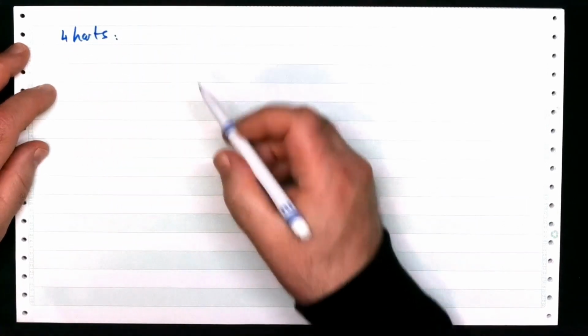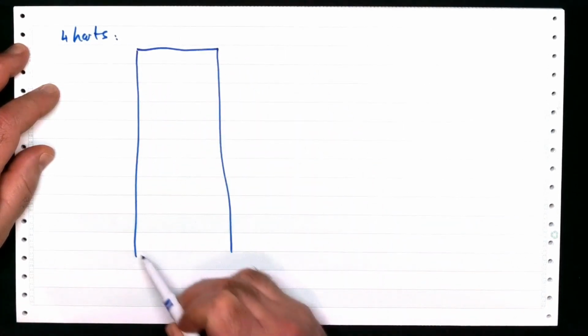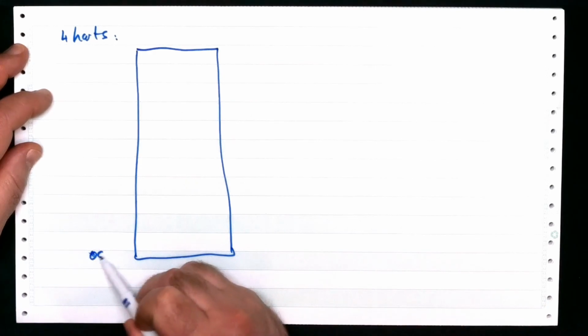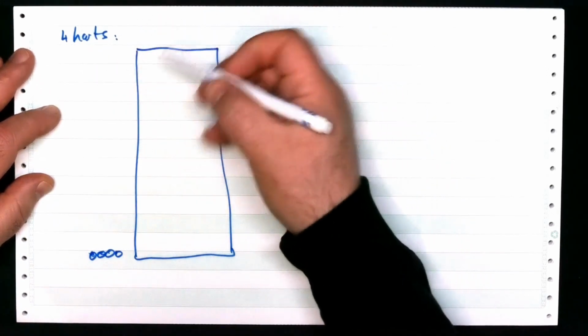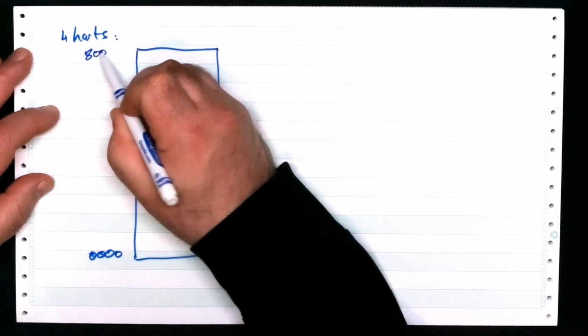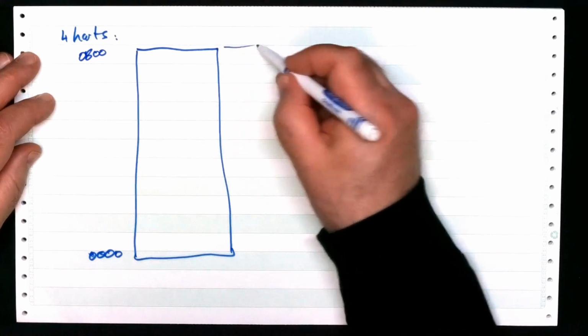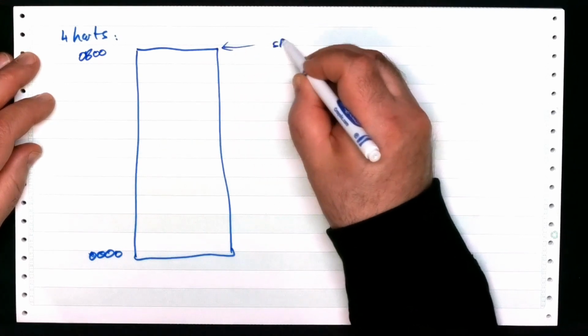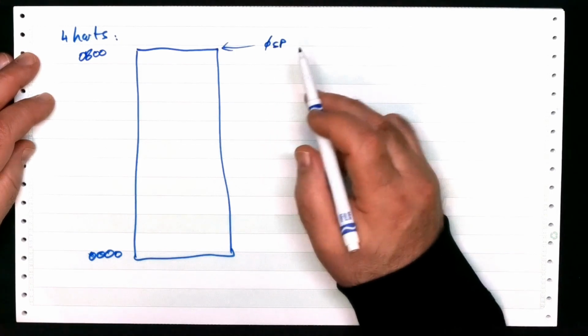And one of the Harts was set up so that this is our memory, and if address 0 is down here, in that particular run we had 800 in hex bytes. One of the Hart stack pointers is left up here. We'll call that one 0 SP for Hart number 0 stack pointer.